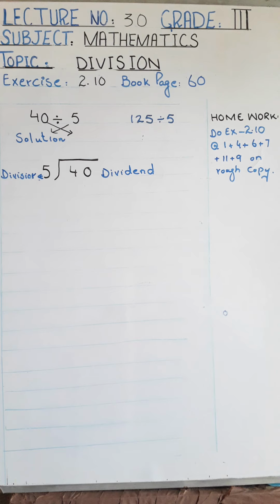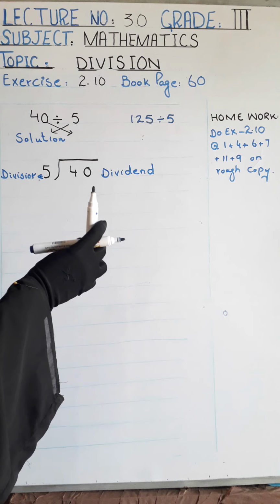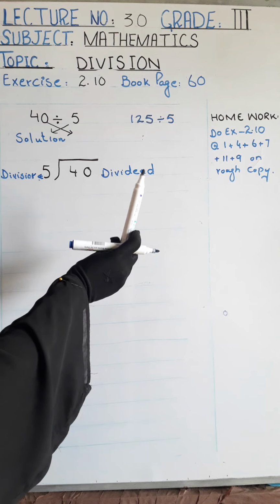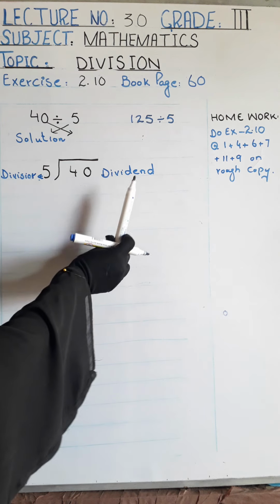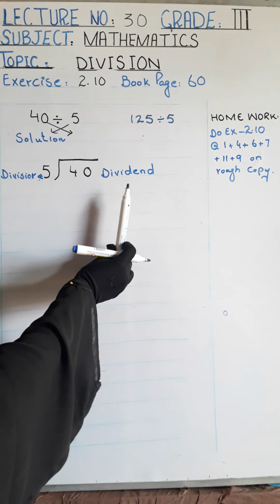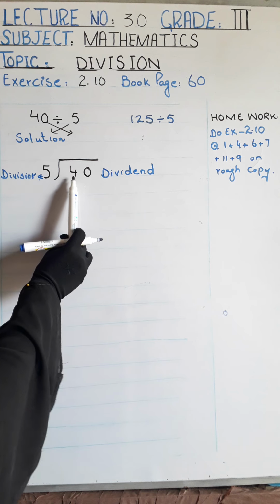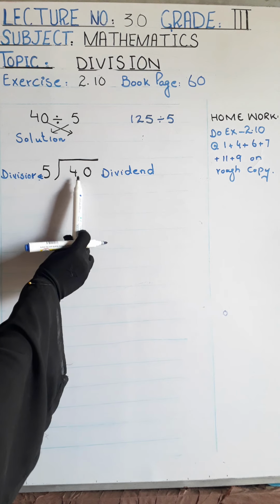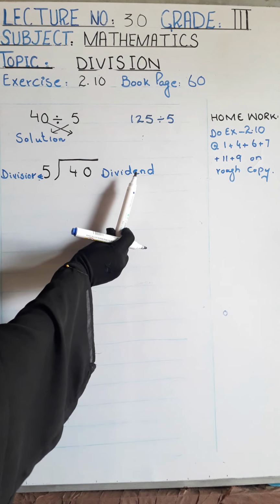Clear, students? Now, what is dividend? What is meant by dividend? The number which is divided, the number to be divided, is called dividend.